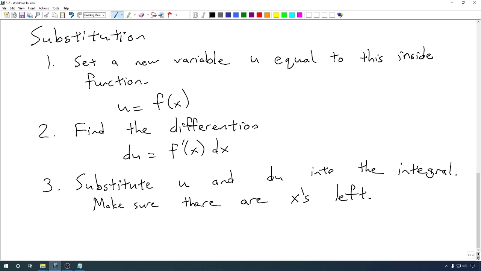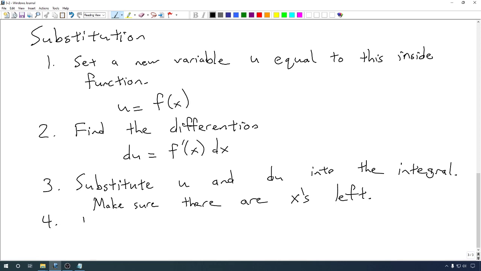There has to be no x's left over in your integral, or this isn't going to work. Sometimes you can actually have some trouble getting all the x's out, in which case maybe you did a substitution that wasn't good. Not all substitutions are going to work. Some will work better than others. That's going to come down to playing around with things, getting used to how things work.